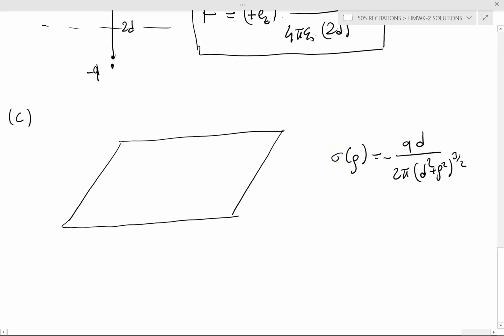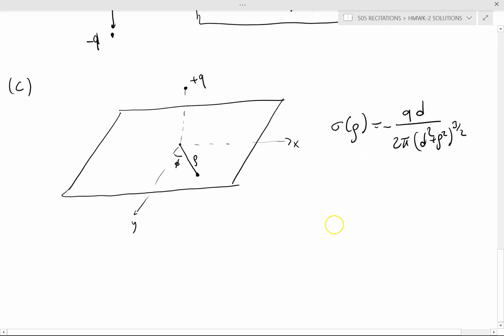And now my plus Q over here, right? This is the origin of our coordinate system, right? And okay, at the point over here, rho, let me draw it over here, rho and phi. What is the force applied on it?